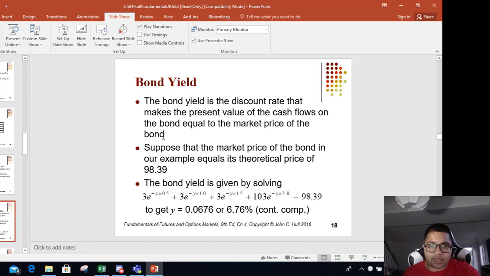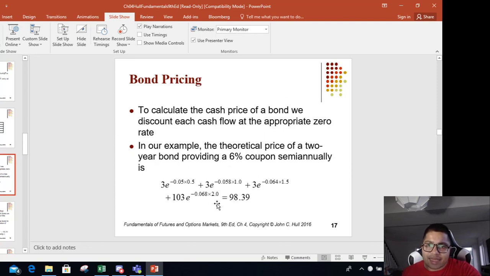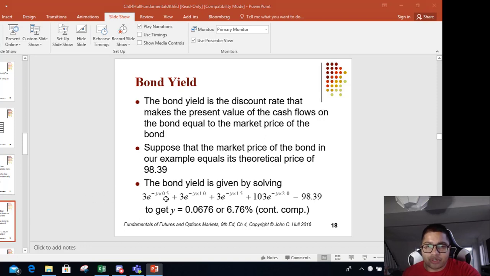Okay. Next is, sometimes you know the price but you have to find out yield. So you put that price into the yield equation. So example, the bond yield is the discount rate which makes the present value of cash flows on the bond equal to the market bond price. Suppose the market price is given to you 98.39 and you're given $3 you're going to get for 4 years and last you're going to be paid 103.